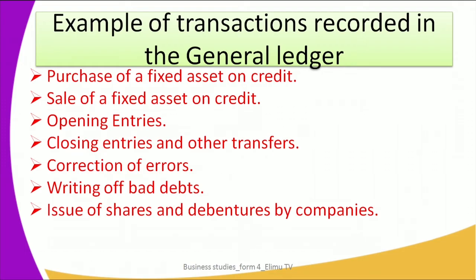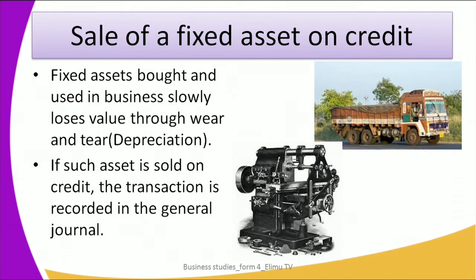Now, let's start with the sale of a fixed asset on credit. Once again, fixed assets are bought to be used in business, in production of goods. So they are not bought for resale. They are bought to facilitate the production of goods and services for sale.